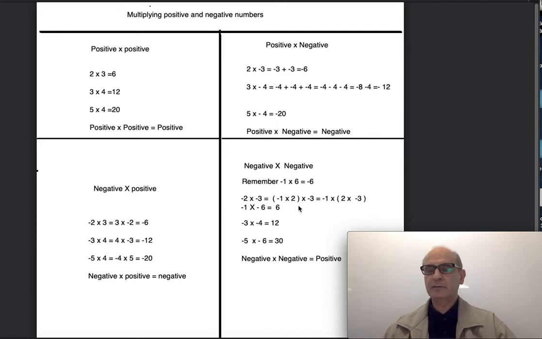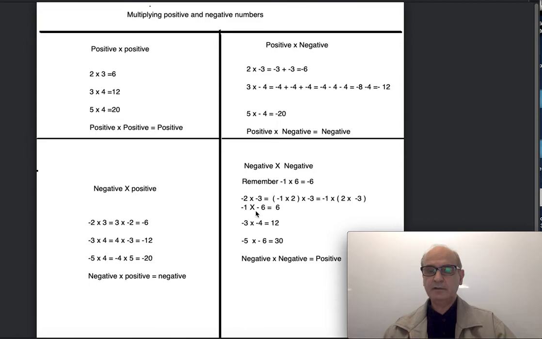So then what I'm going to do, I'm going to times 2 by minus 3 first. I put them in bracket. Then I times the answer by minus 1. So 2 times minus 3 first and then minus 1. And then that becomes minus 1, and the bracket, I'm having a positive number times a negative number. And a positive number times a negative number gives me a negative number. So that would have been minus 6.